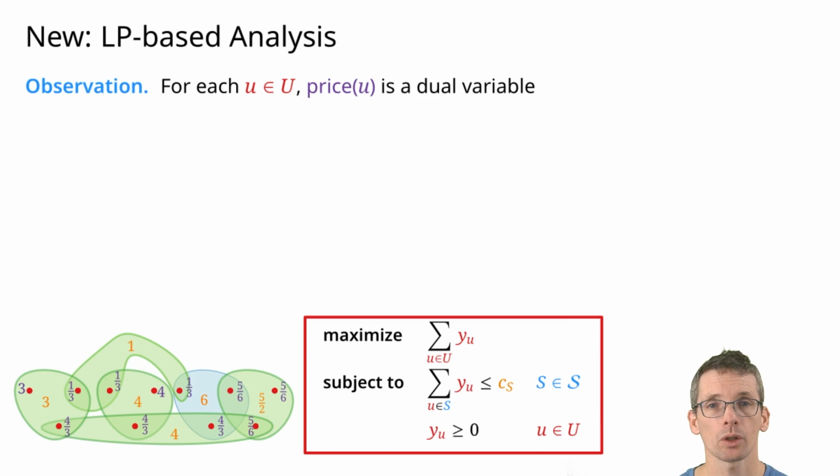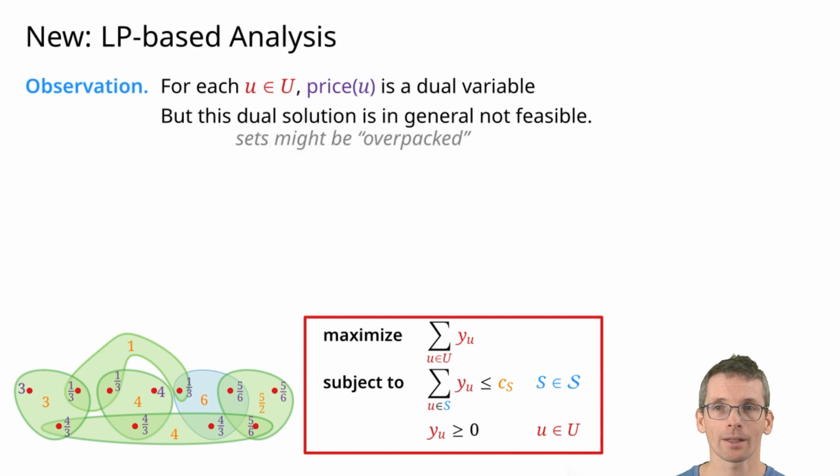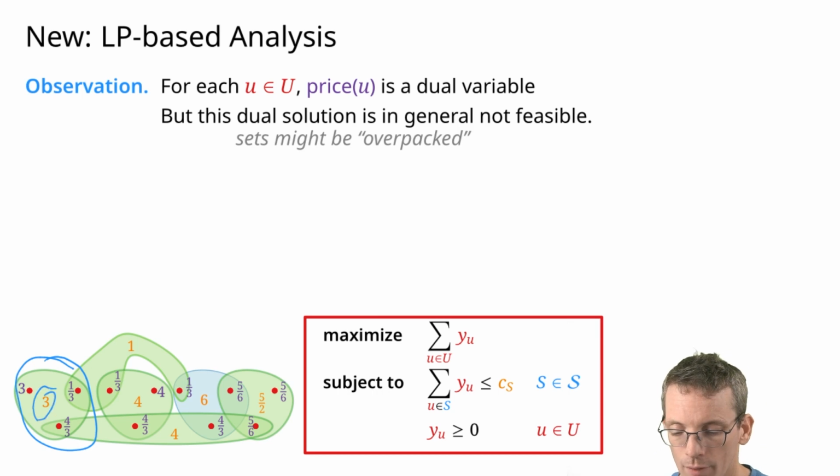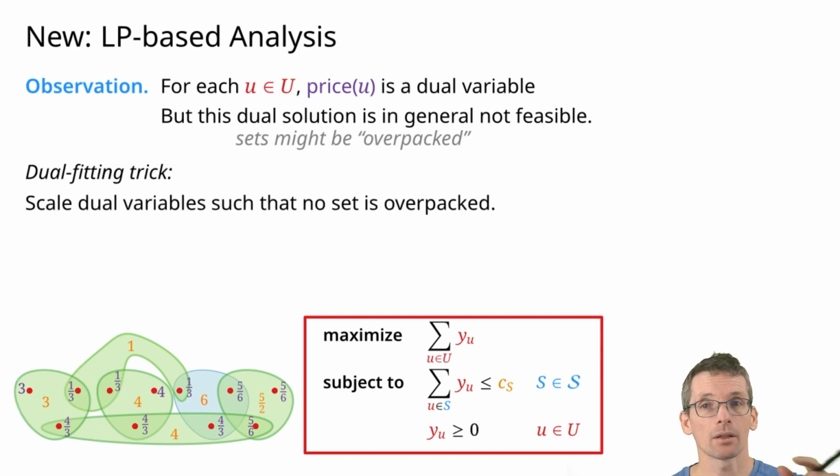This dual solution in general will not be feasible. The problem is we might be overpacking the sets, if you think of this in terms of a packing LP, and that's very easy to see. Just take this set here. I should have packed only 3. I definitely packed more here. So we've overpacked our sets, but the trick now will be to find an appropriate scaling factor such that we get a dual solution where we don't overpack.